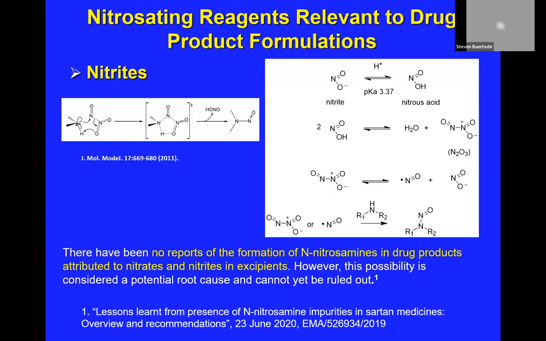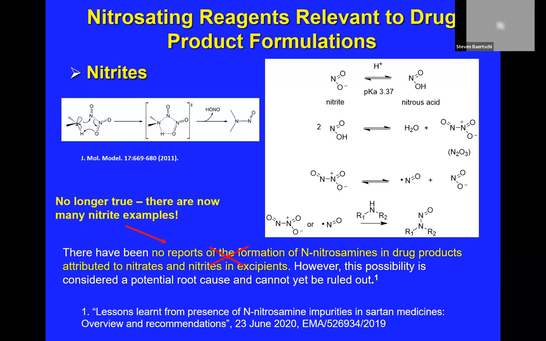Now, in the lessons learned document from EMA in June 2020, they say that there have been no reports on the formation of N-nitrosamines in drug products attributed to nitrates and nitrites and excipients. However, this possibility is considered a potential root cause and cannot yet be ruled out. I think we can say that this is not true anymore.